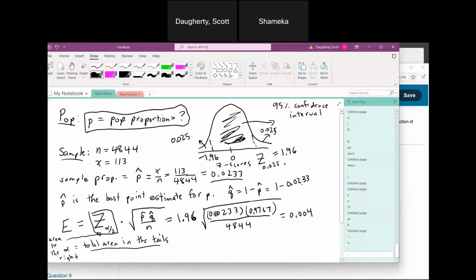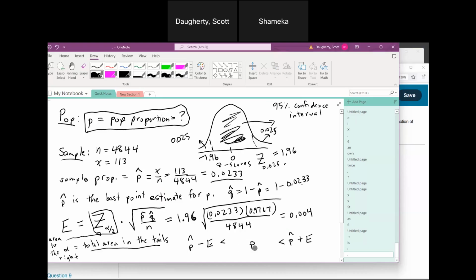But now if you want a confidence interval, and we're doing a 95% confidence interval, then you take this point estimate, p hat, and subtract the margin of error, and also take p hat and add the margin of error. This will be a low number in our interval, and this will be the high number.